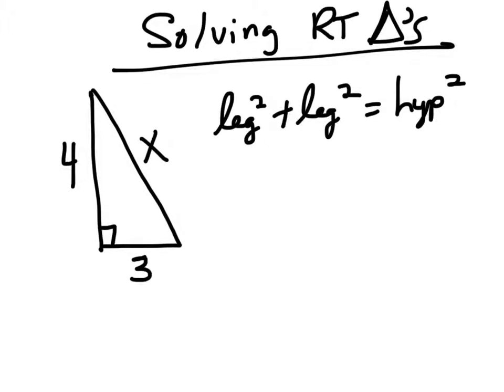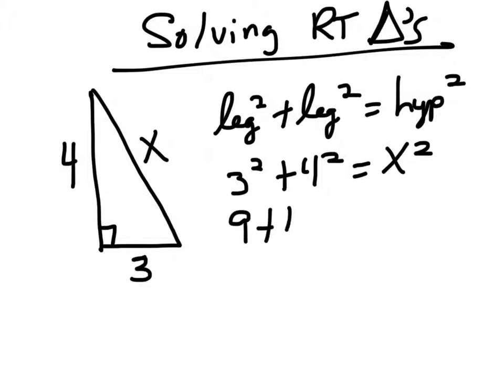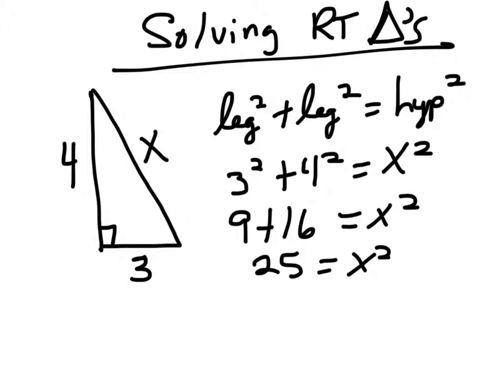And then when we do that, we have to remember that at the very end, you have to take the square root. So we have 9 plus 16 is x squared, and 25 is x squared, and 25 would not make sense with the numbers 3 and 4 there. So x is going to be the square root of 25, which is 5.